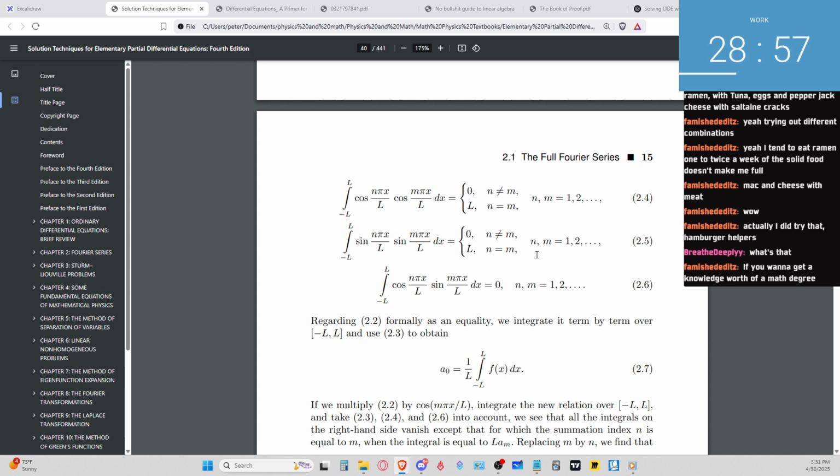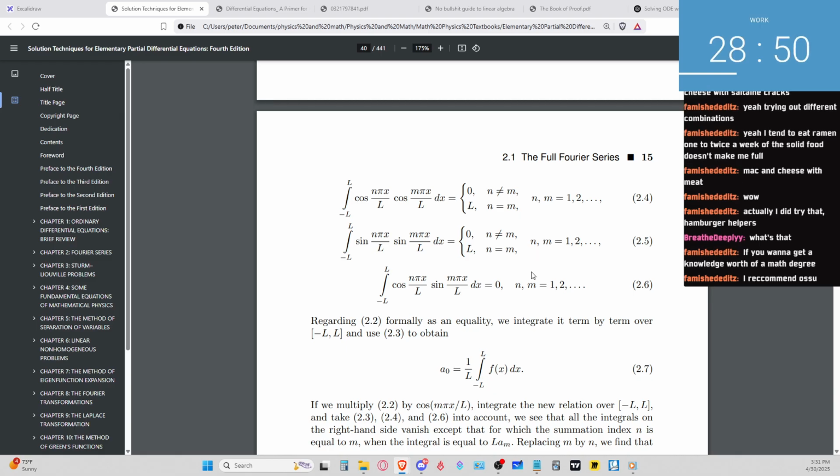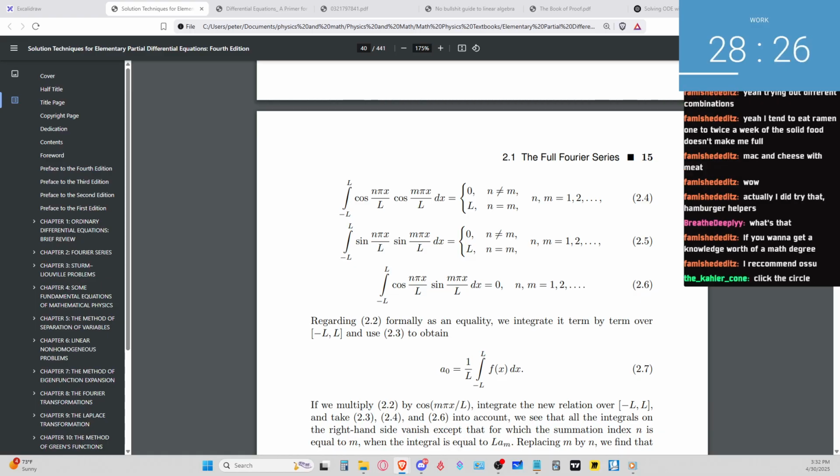If you want to get knowledge worth a math degree, I recommend OSU? For some reason, I'm thinking of the video game OSU, but I know that's not what you're talking about. Click the circle.